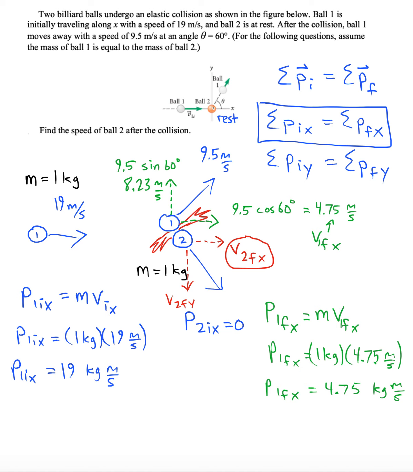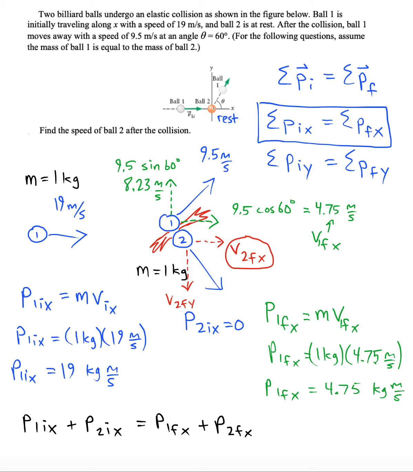We want to find out, so we'll set up an equation of momentum. The equation will look like this: P1 initial x plus P2 initial x equals P1 final x plus P2 final x. That's conservation of momentum in the x direction.